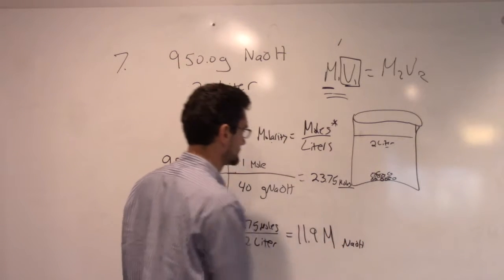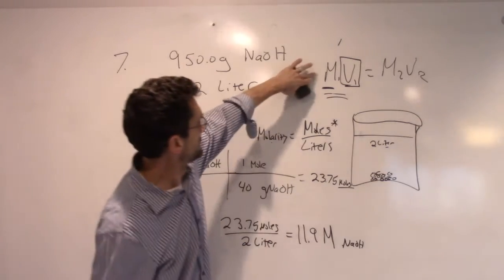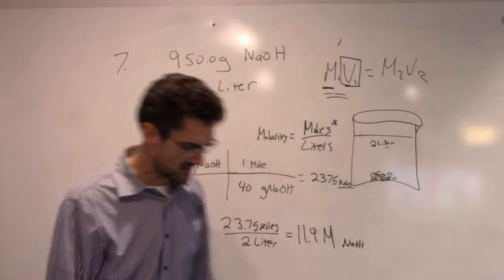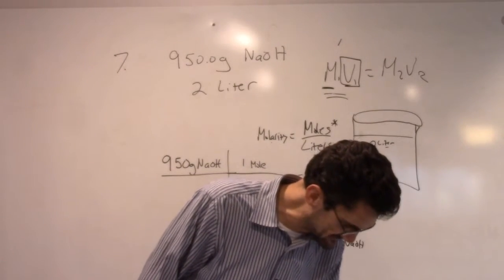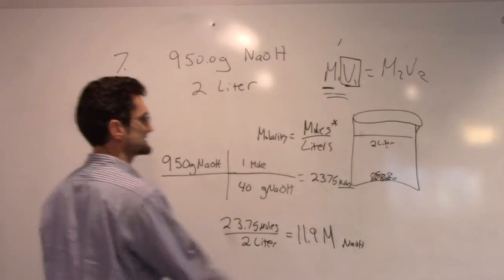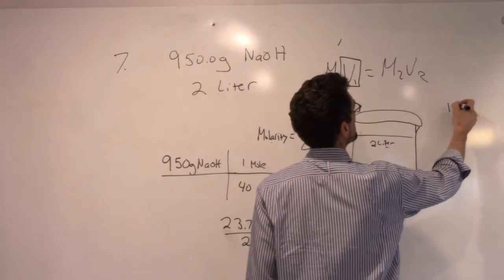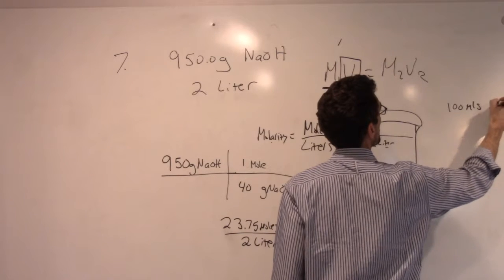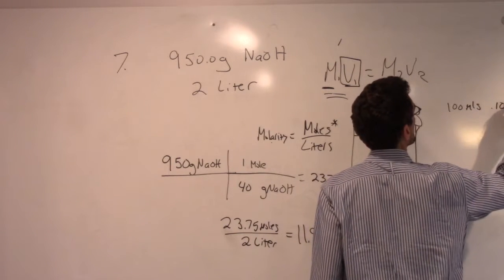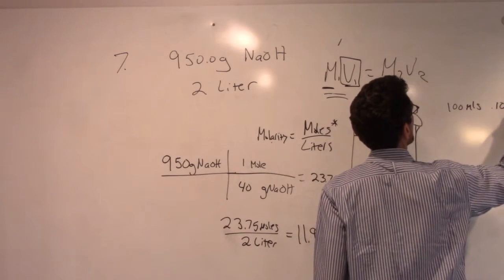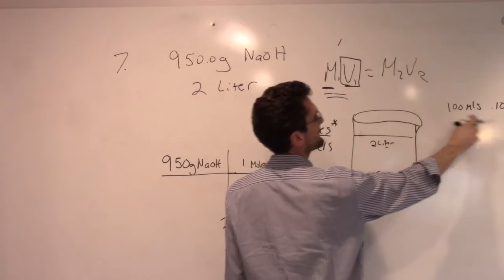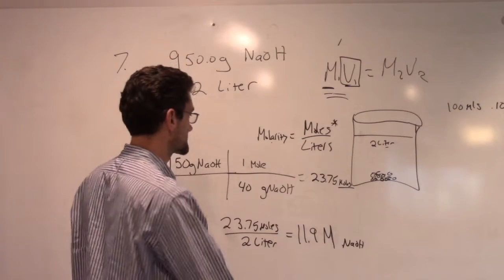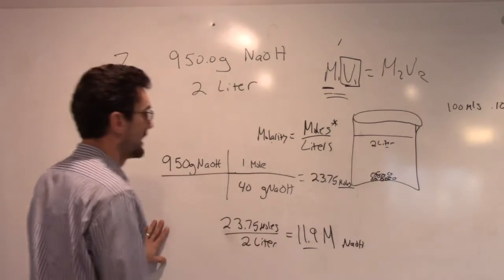Now, look, we have this, we got that, we don't know this. Do we know M1, M2, V2? What did they ask us to do? They wanted us to find 100 mils of a 0.10 molar NaOH. All right, so this is M1V1 equals M2V2, so we're just going to plug this in. We know this is M1, right?